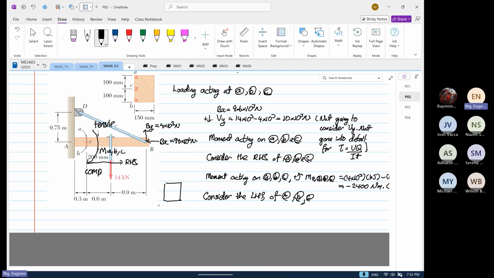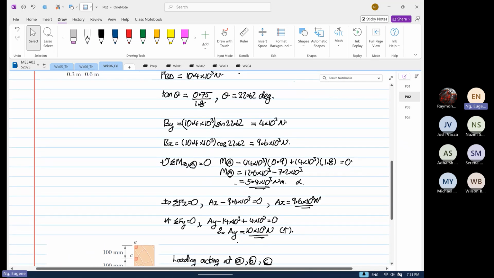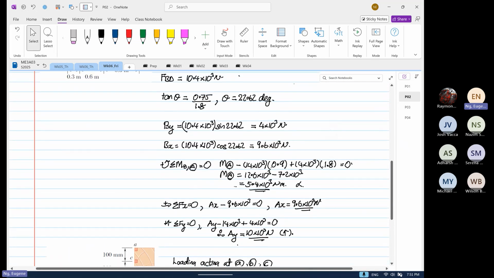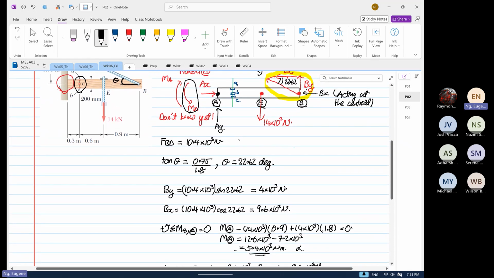This is where our point A is. We have an AY of 10 times 10 to the power 3, and we also have a load coming in at 9.6 times 10 to the power 3. And then we also have a moment, which is going down this way.